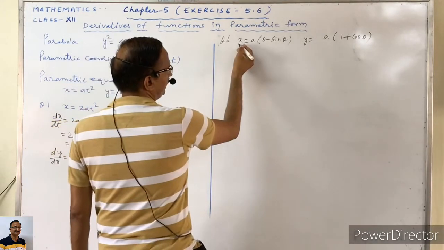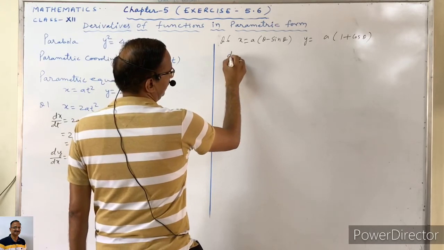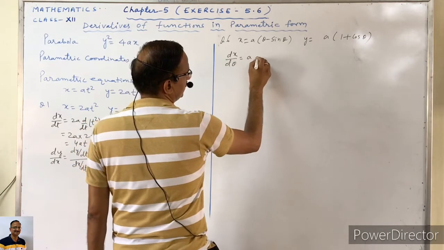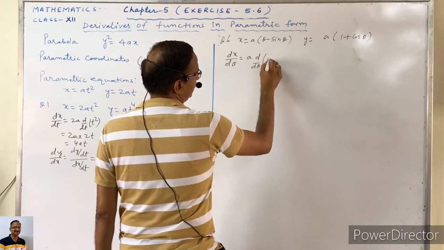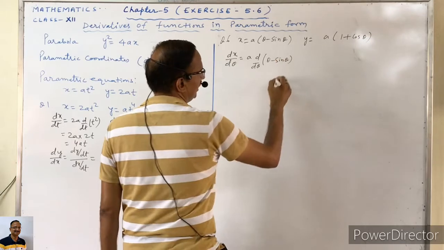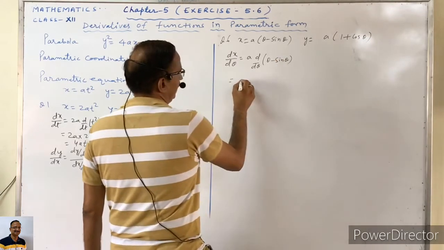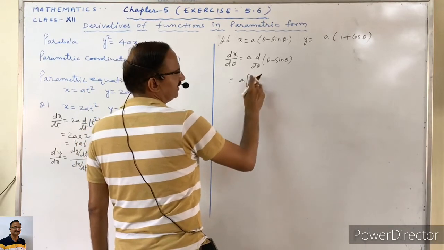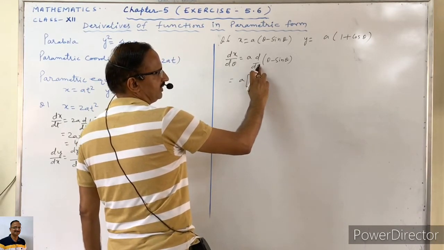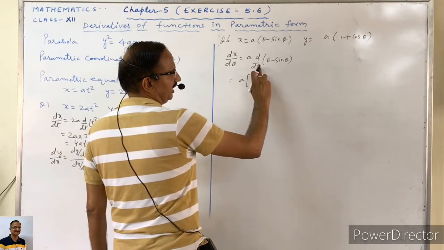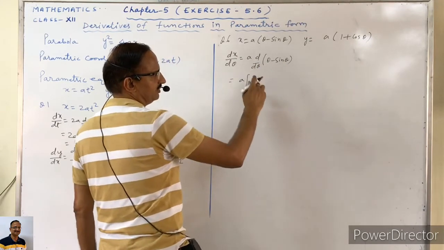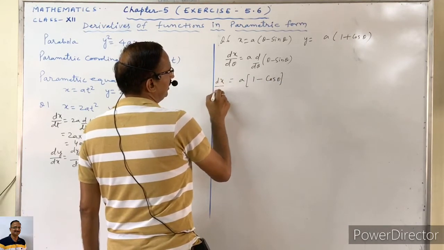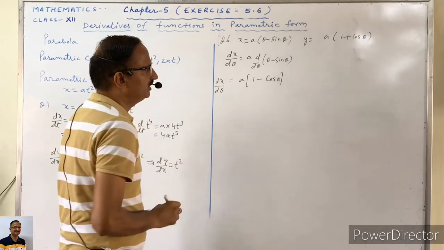So differentiating this with respect to theta, we will get dx by d theta. On right hand side, a is constant, d by d theta of theta minus sine theta. So this is a. When we differentiate this theta with respect to theta, it is 1, and differentiation of sine theta with respect to theta is cos theta. So this is the derivative of x with respect to theta.